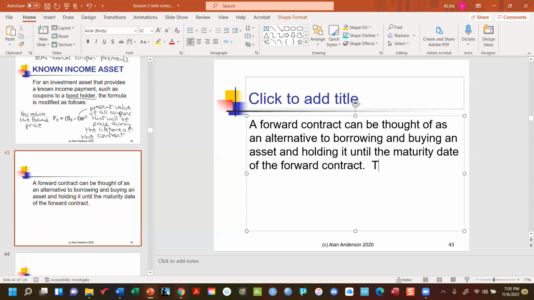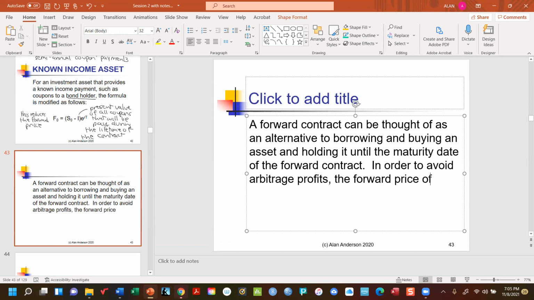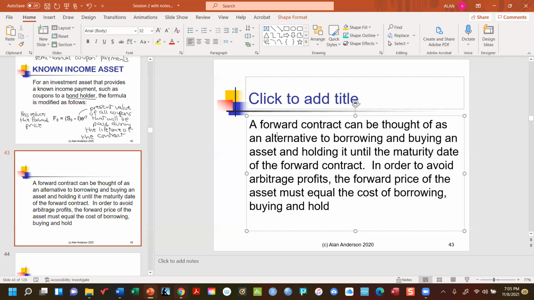So, in order to avoid arbitrage profits, the forward price of the asset must equal the cost of borrowing, buying, and holding the asset, because they are basically the same thing.